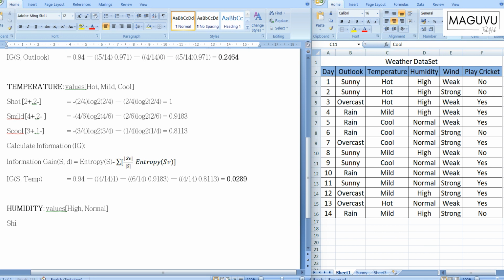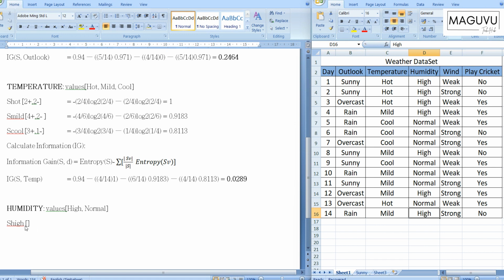So S high, and let's look at the contribution. If we're going to look at the contribution there, how many times do we have a humidity of high? You'll see that we have got 1, 2, 3, 4, 5, 6, and 7. So we have got a total of 7 days where we had a humidity being high.